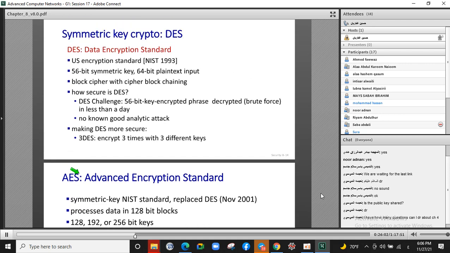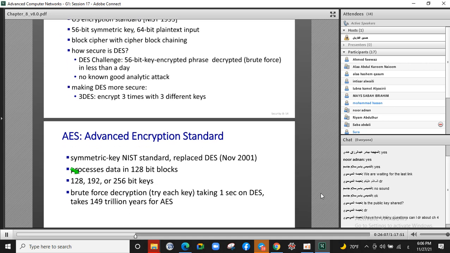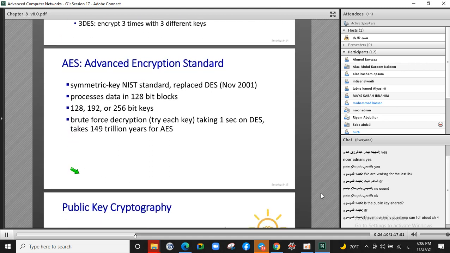But after the weakness of DES, in the USA, another encryption standard was proposed. Its name is AES, or Advanced Encryption Standard. This standard was proposed in November 2001 by the NIST organization, again NIST, to replace DES.